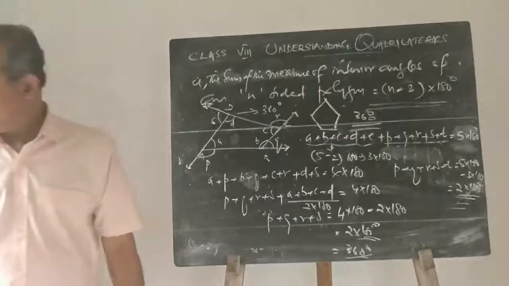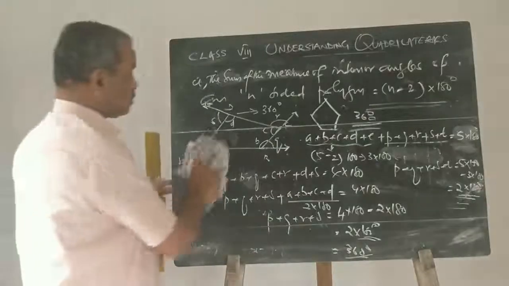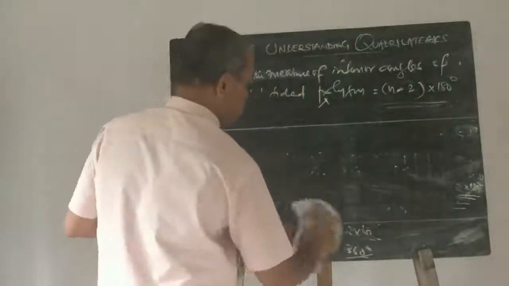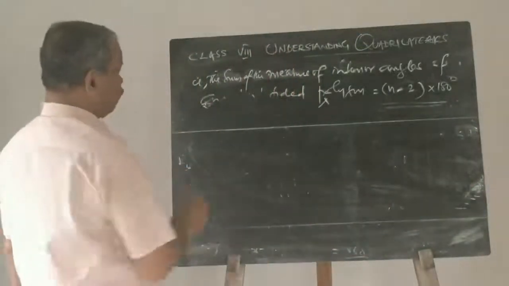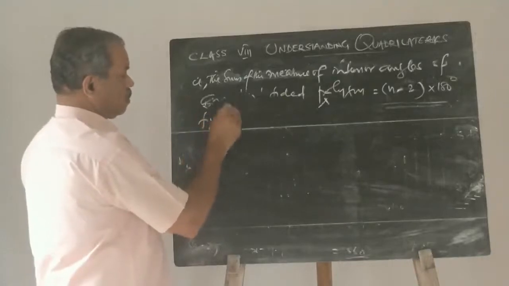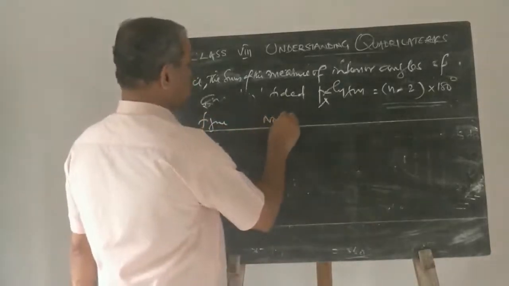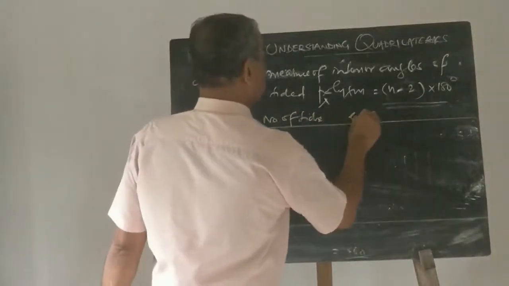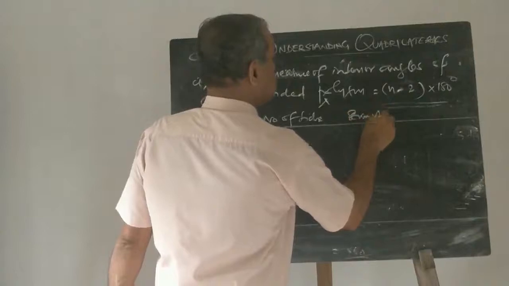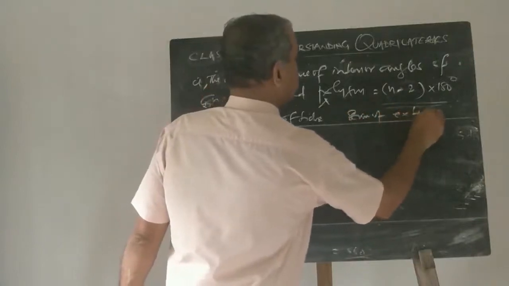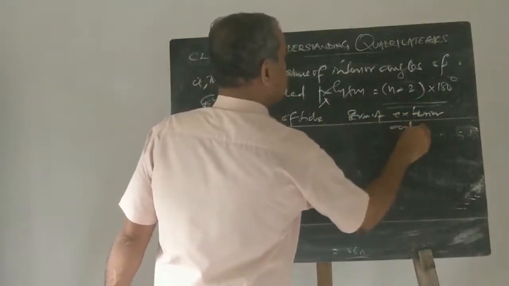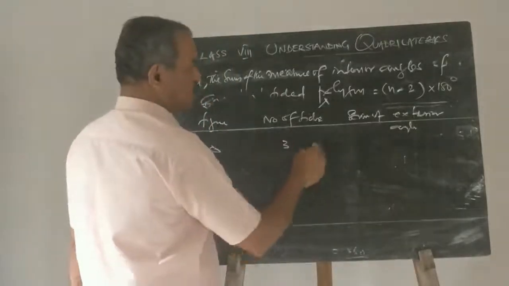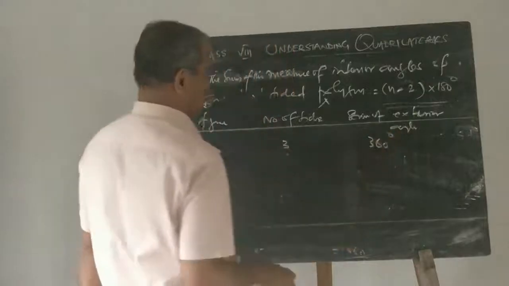So in general, we can generalize this result in this manner. Figure, number of sides, sum of exterior angles. Triangle: number of sides 3, sum of exterior angles 360.